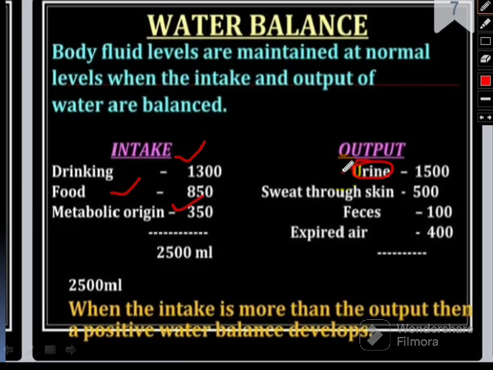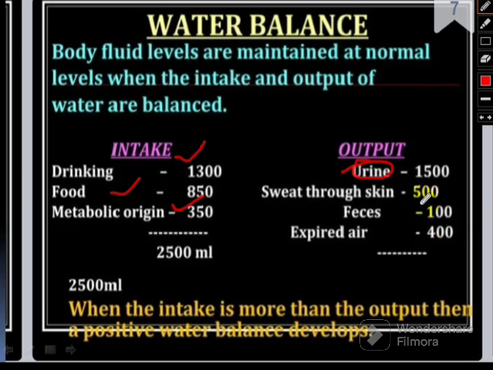And about 1,500 ml of water can be passed out of your body on a daily basis. Another way through which water leaves the body is through sweat. 500 ml of water leaves the body through sweating.